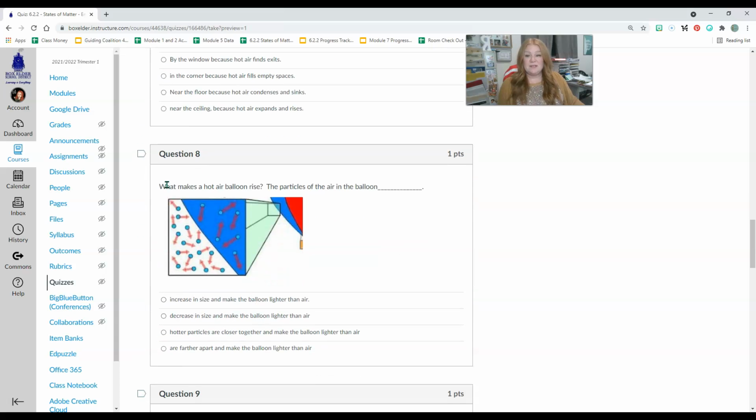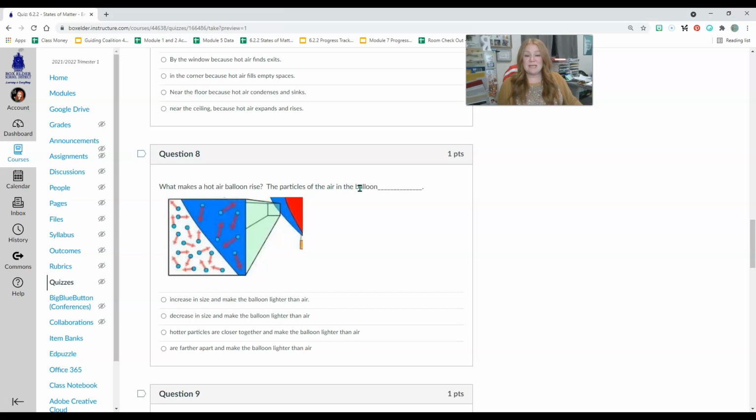Number 8 says, what makes a hot air balloon rise? So here you can see this blue part is the air inside the balloon, and this white part is just the regular air outside the hot air balloon. So what is making the hot air balloon rise?